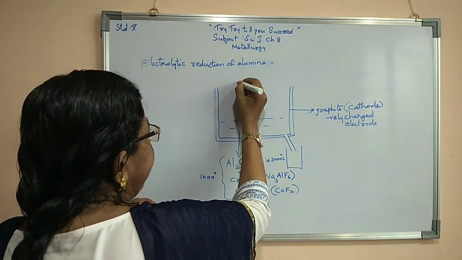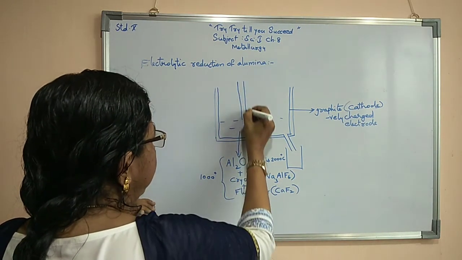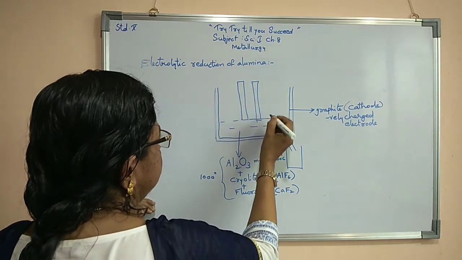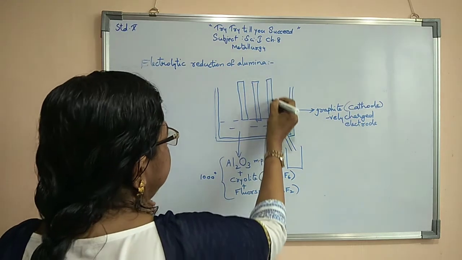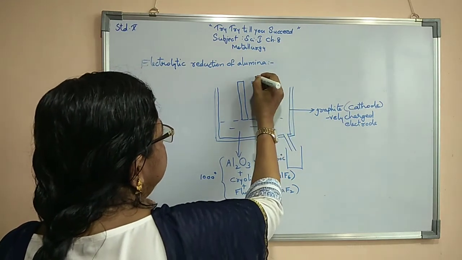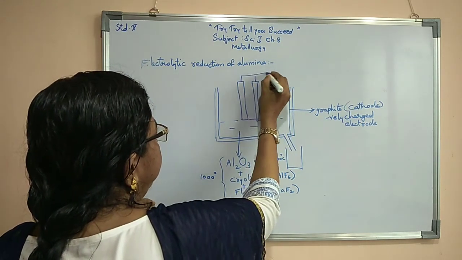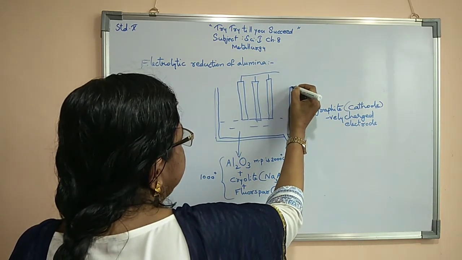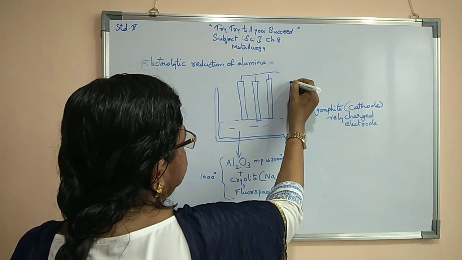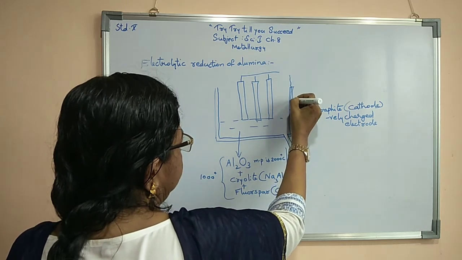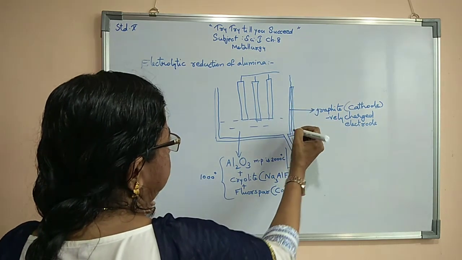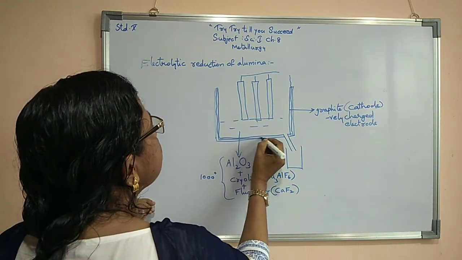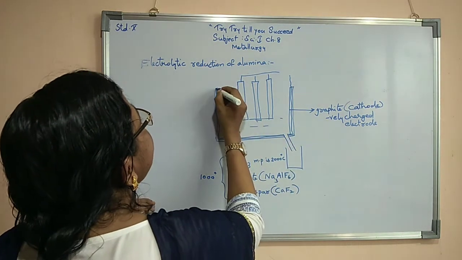Now, inside this, we put a few electrodes, again made of graphite. This we have to connect with the cell. Here I am just separating it, showing it like this.